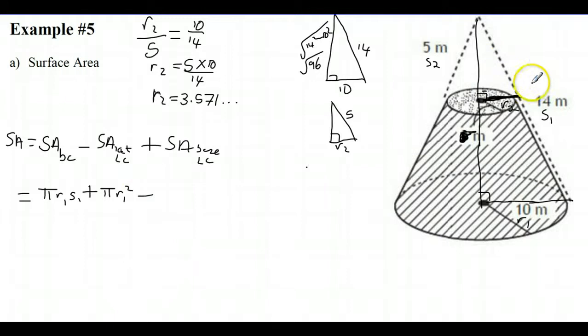Minus, we just want the lateral surface area of this. So that's just the pi r2 s2, right, this 5 meter here, plus, and then we have to add on the base of the little cone, which is actually just the top part of our frustum, and that's going to be pi r2 squared.